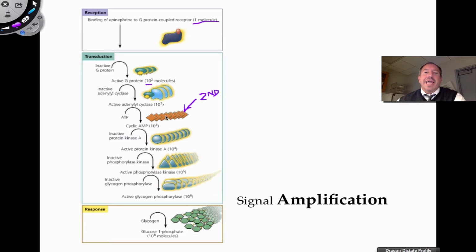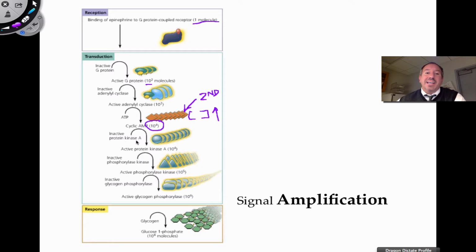So what is that doing? Well, cyclic AMP, now look, 10 to the 4 power. The concentration of cyclic AMP is rather large in the cell compared to one epinephrine. So check that out. Then cyclic AMP is capable of activating these protein kinases, which are plentiful enough in the cell, but they're inactive.